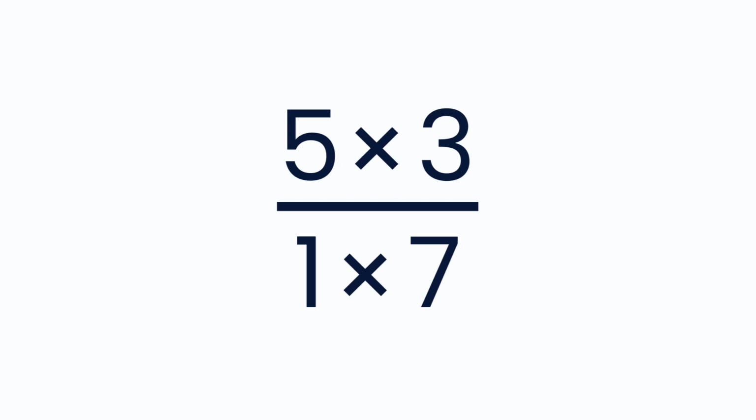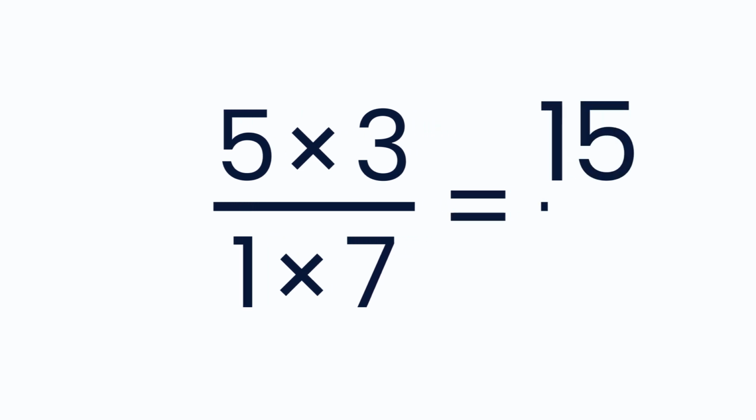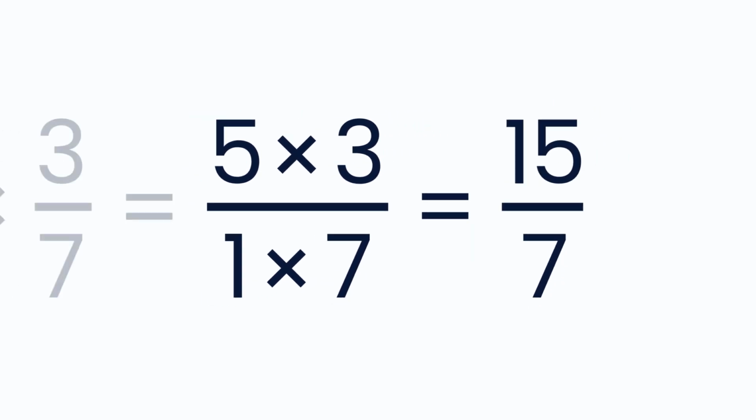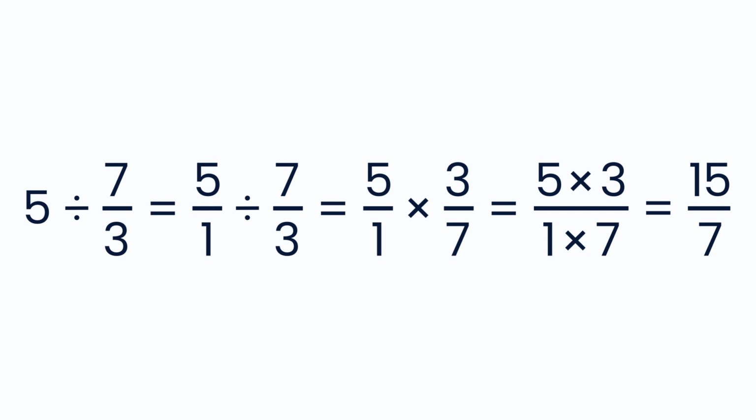As 3, 5, and 7 are all prime numbers, this fraction is as reduced as it can be. You then multiply the numbers in the numerator and get 15/7, making 5 divided by 7/3 equal to 15/7.